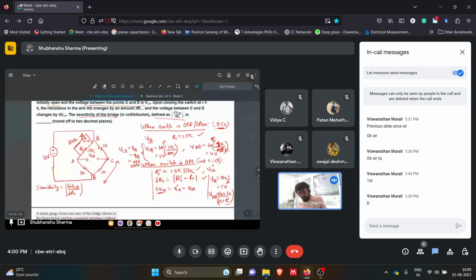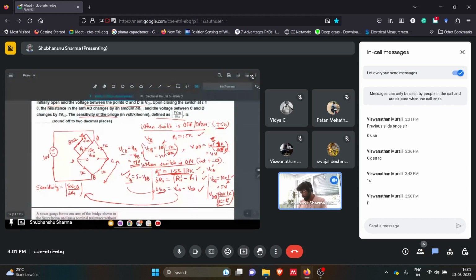You can easily calculate R1 prime from here. So we'll have VCD prime as 5 volts minus VDB. Then if we have VCD prime and VCD, we can get delta VCD, then we can substitute here. Easy, you can calculate.